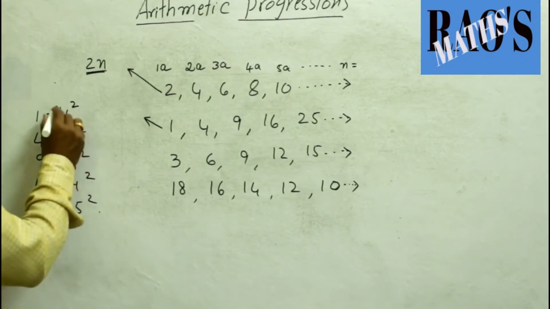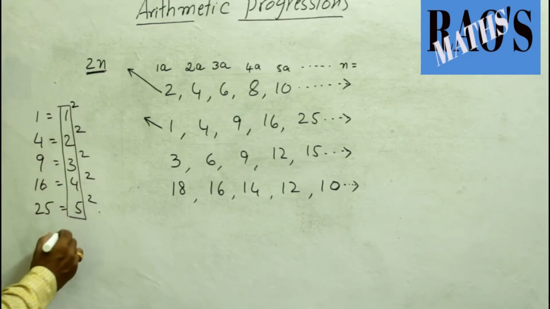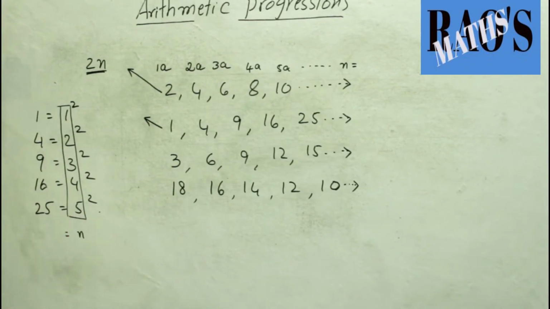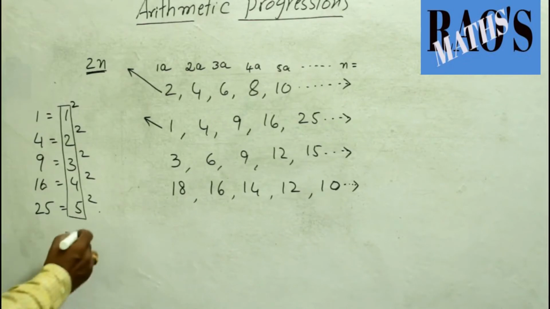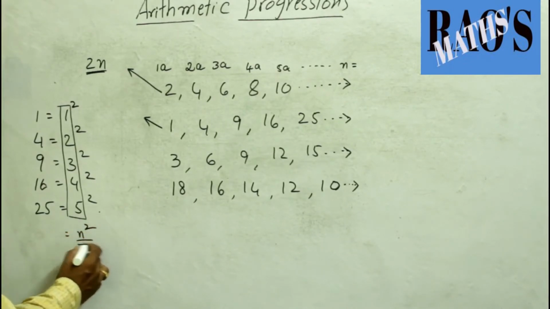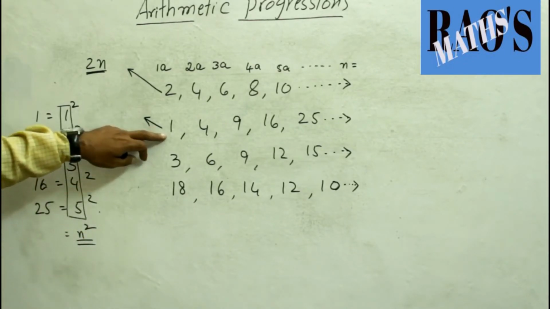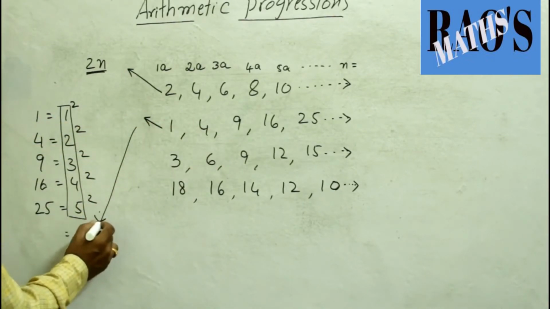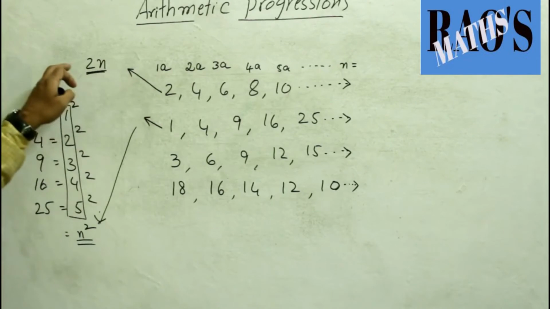These 1, 2, 3, 4, 5 are natural numbers. So what is the nth member in the series? Of course it is n square. So we can use the rule n square for this sequence, and 2n for the previous sequence.